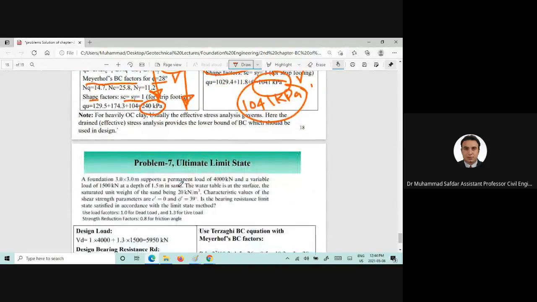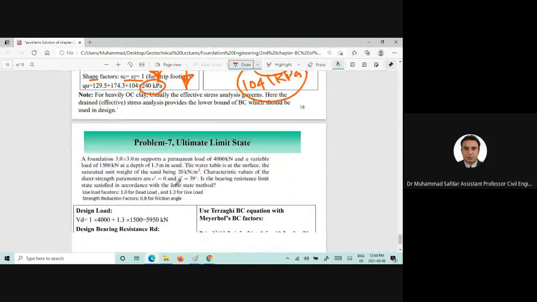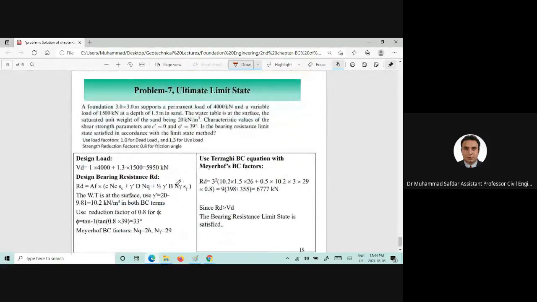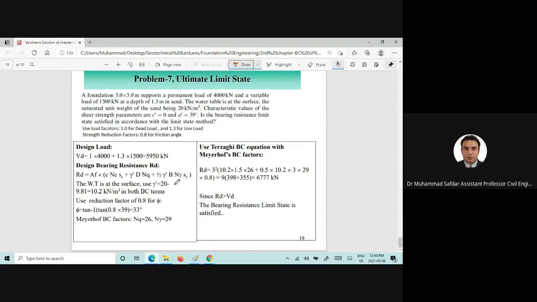Now, that was all about the allowable stress design philosophy and the methodology which we discussed in our previous examples. There is another design philosophy, known as LRFD, which is load and resistance factored design. I will give you a brief overview of that.